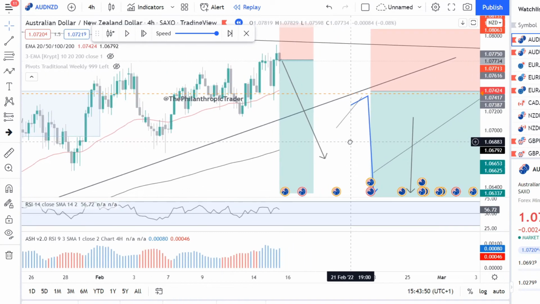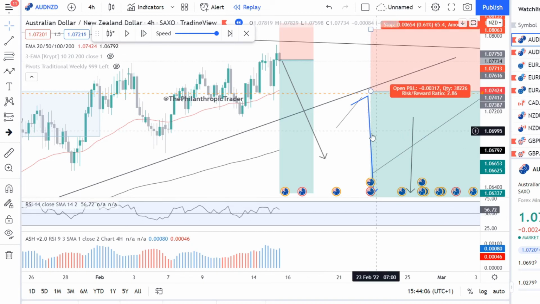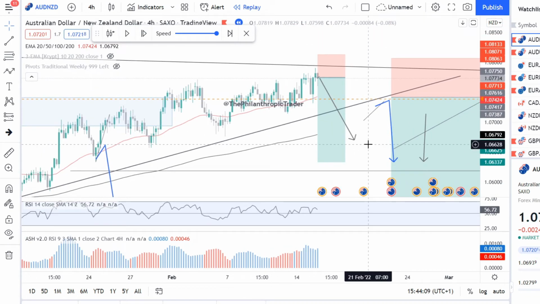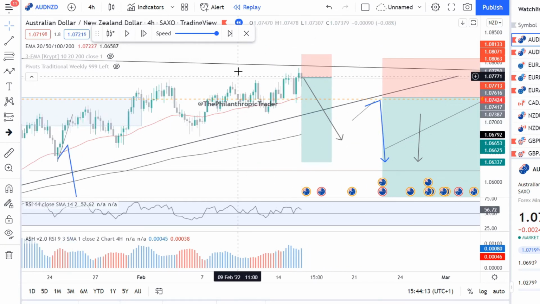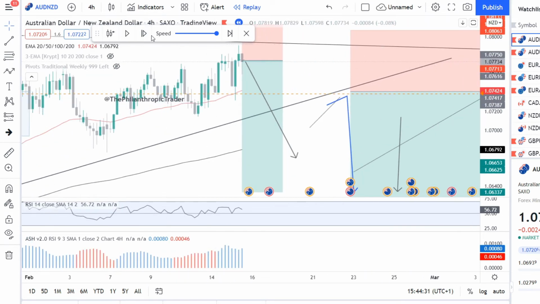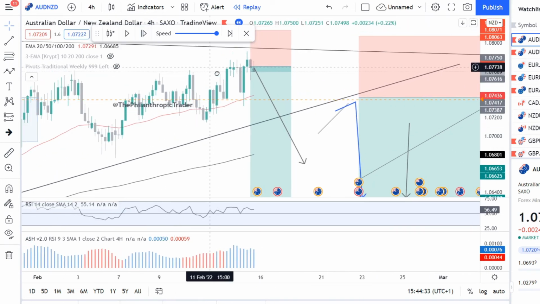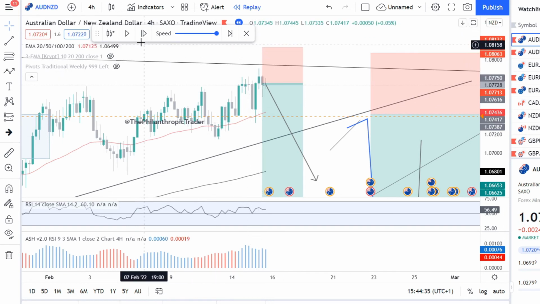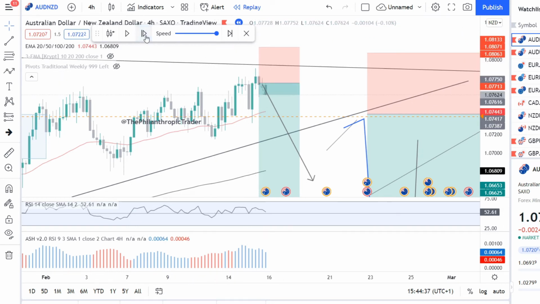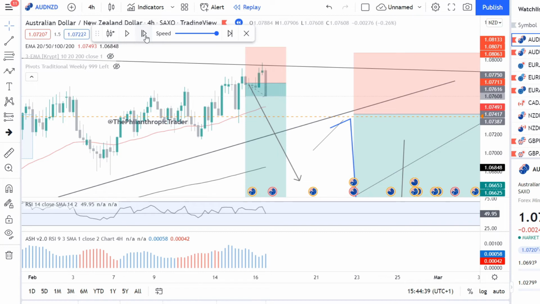As you can see over here, I was thinking it would go down and then retest the trend line, and then I would place the trade, basically what you saw with the GBPJPY trade. But I was kind of confident, this was quite a high level. Once I saw the 4-hour close bearish, I placed the trade, and I placed my stop loss above the trend line, and it even went a little bit higher.